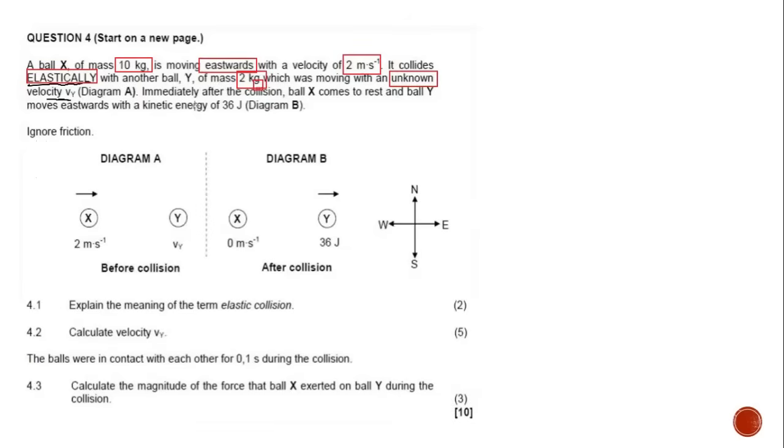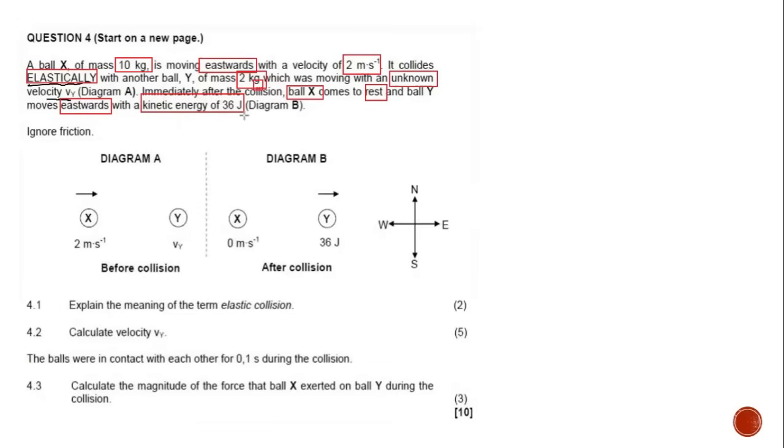So we don't know that velocity. Immediately after the collision, ball X comes to rest. Then ball Y moves eastward with a kinetic energy. Note that we are not given the velocity now. We are given the kinetic energy of 36 joules, right?